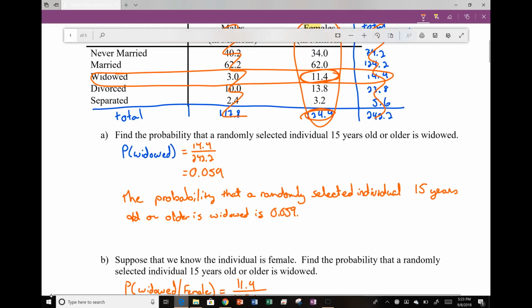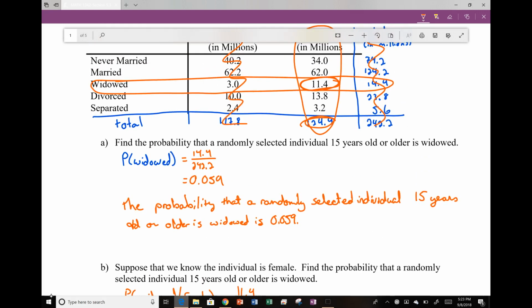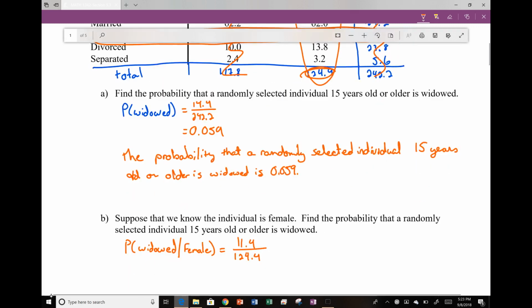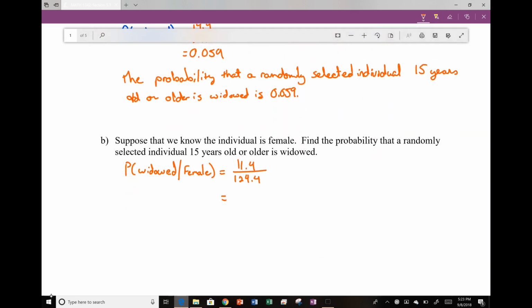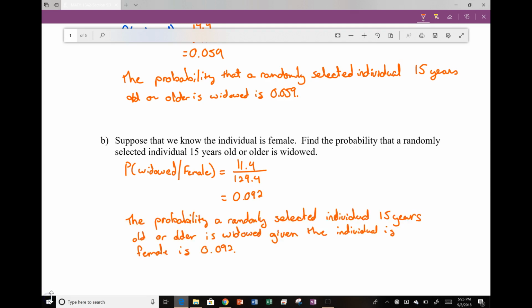And where they intersect, where they both occur, is now my numerator. So I'm going to take 11.4 divided by 124.4, and I get 0.092. So the probability a randomly selected individual, 15 years old or older, is widowed given the individual is female is 0.092. Because we know the individual is female based on information given to us.